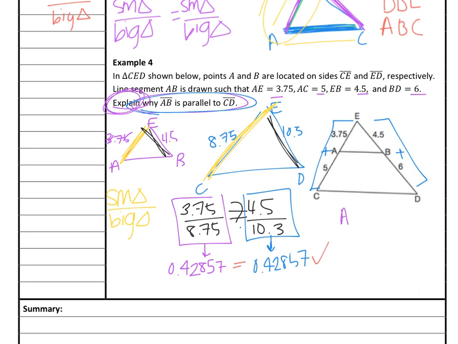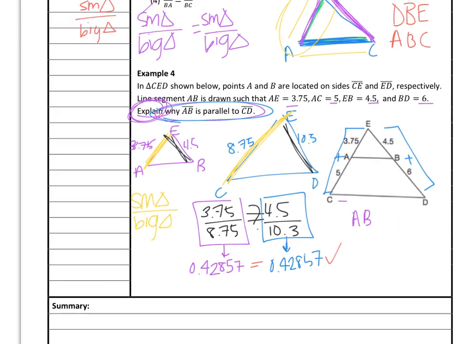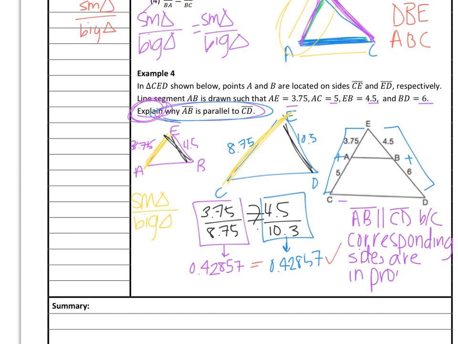So we're going to say that AB is parallel to CD because corresponding, remember that just means matching, corresponding sides are in proportion.